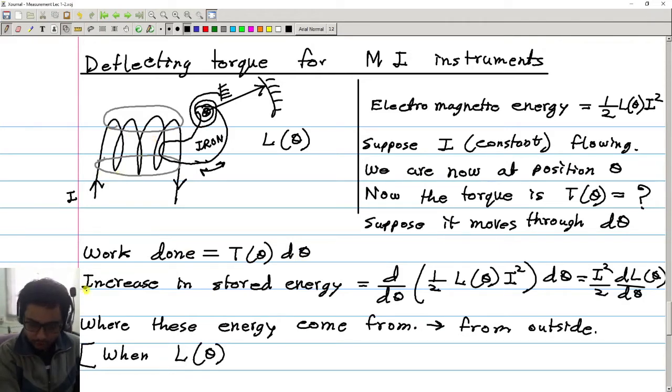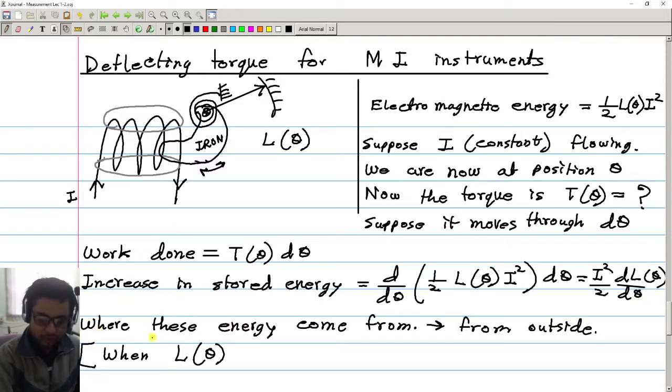Also while this iron piece moves, since inductance L is changing, the stored energy, half L i square, will also change. The amount of change in the stored energy is given by the derivative of this function multiplied with the small change.